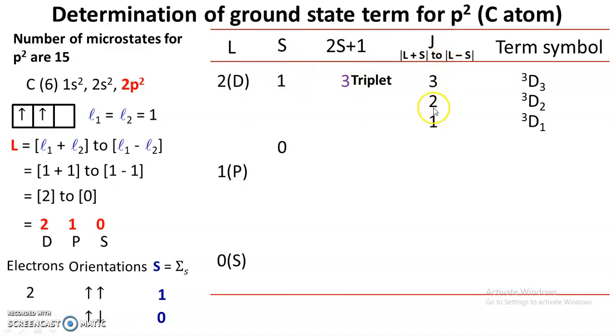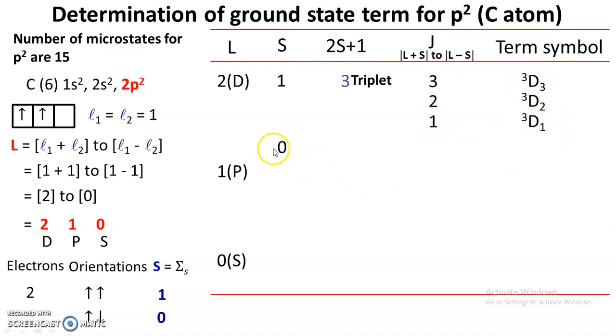For another J value, J equal to 2, the term symbol will be 3D2, where only the J value is different. And for the third J value, J equal to 1, the term symbol will be 3D1. So for these 3 J values, 3 to 1, the corresponding terms are 3D3, 3D2, 3D1.